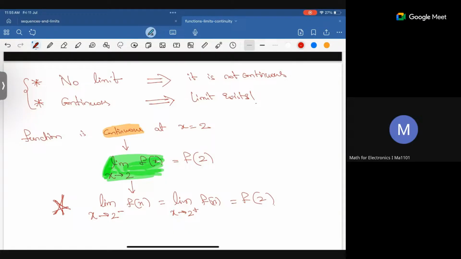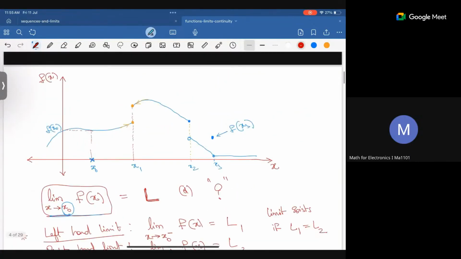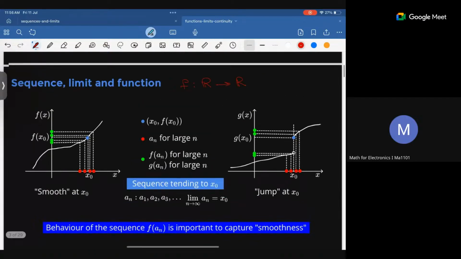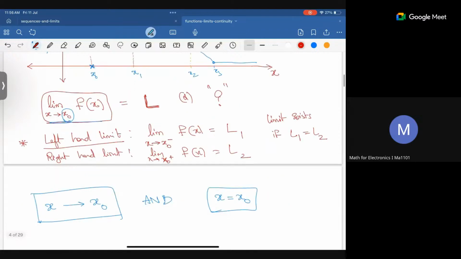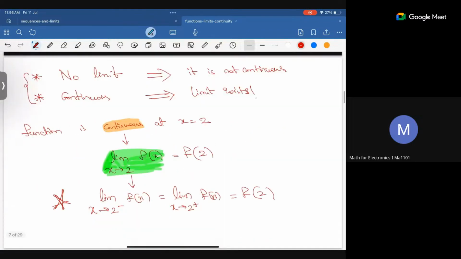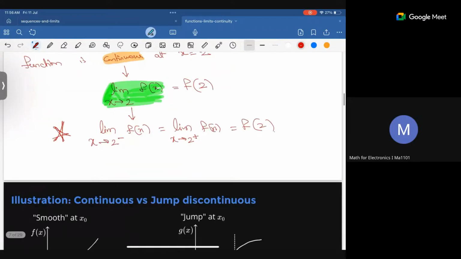So yeah, I think these are the major concepts that you have to focus on in week 4: how to compute the left hand limit, how to compute the right hand limit, and whenever we say it is continuous, what are the different conditions that you have to take into consideration to solve the problem.